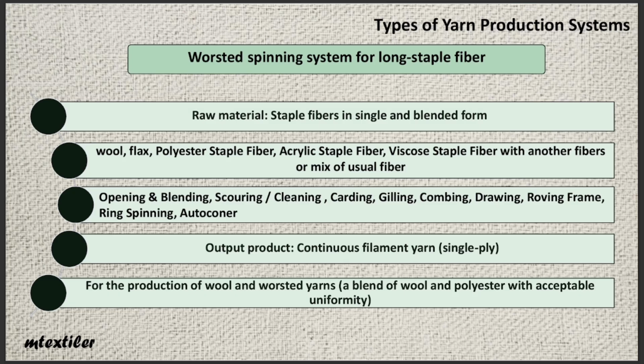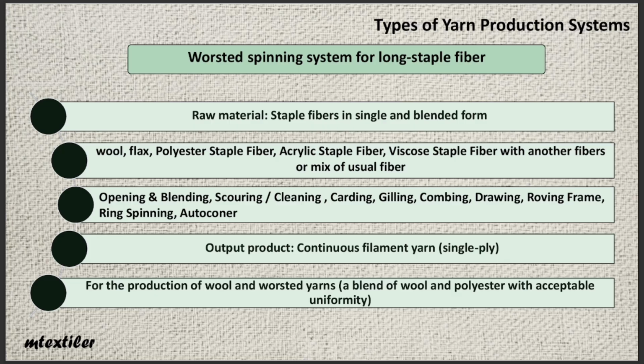Machine sequence: opening and blending, scouring, cleaning, carding, gilling, combing, drawing, roving frame, ring spinning, autoconer. Output product: continuous filament yarn, single ply, used for producing wool and worsted yarns, including blends with polyester, with acceptable uniformity.